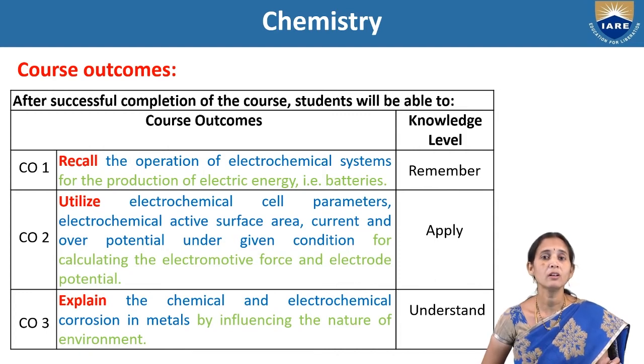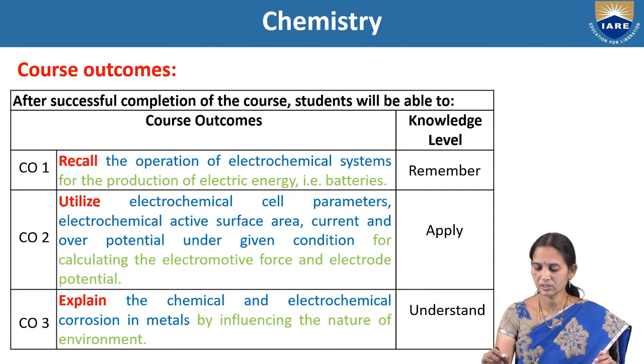CO1: recall the operation of electrochemical systems for the production of electrical energy, that is, batteries. So the first course outcome is recalling the working of electrochemical systems and how production of electricity takes place by this electromotive process.